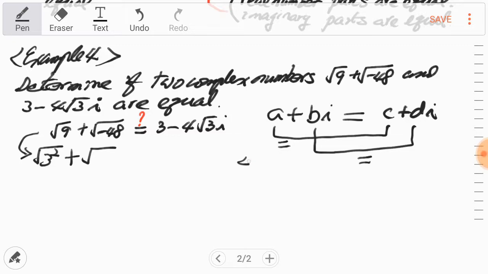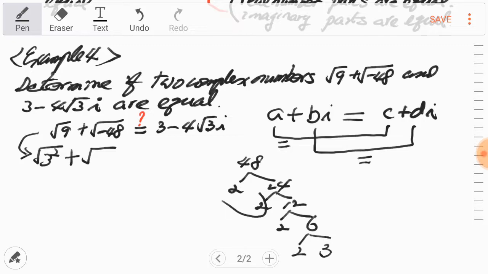Let's write 48 as a product of some squares. 48 is 2 times 24. 24 is 2 times 12. 12 is 2 times 6, and 6 is 2 times 3. So 48 can be written as 2 squared times 2 squared times 3.